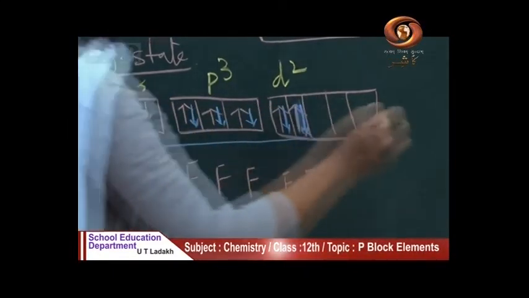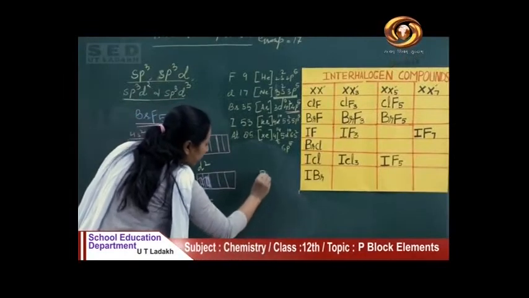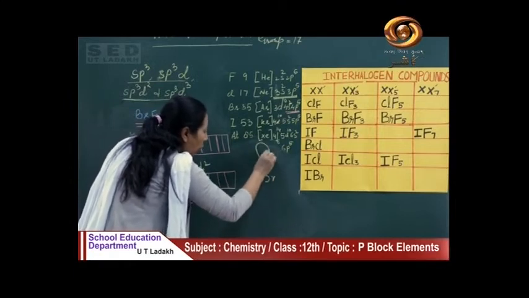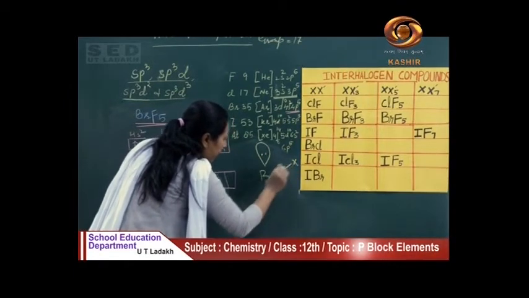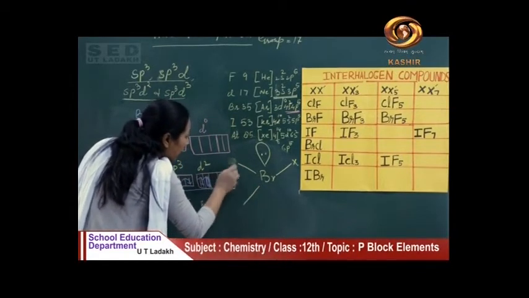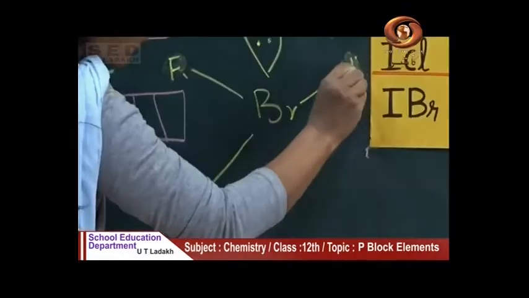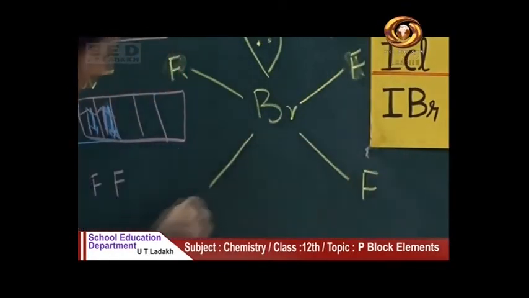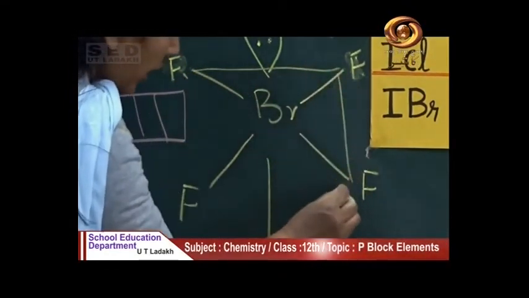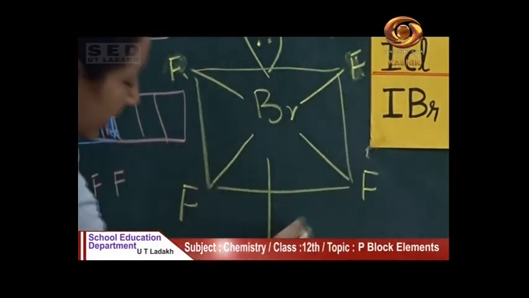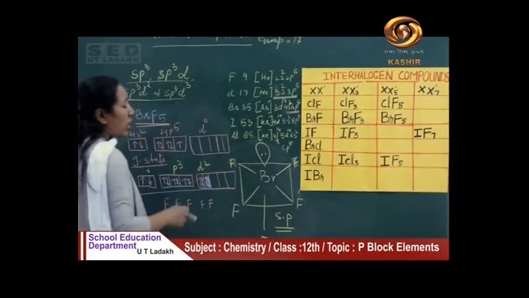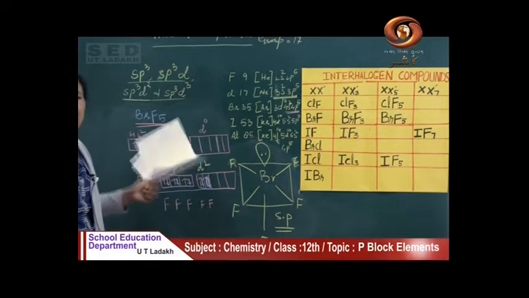Its structure is BrF5. It has only 1 lone pair. X, I can represent X, or you can represent F also. It's a halogen F. The actual structure is square pyramid, SP stands for square pyramid, and according to the VSEPR model, it is distorted octahedral.